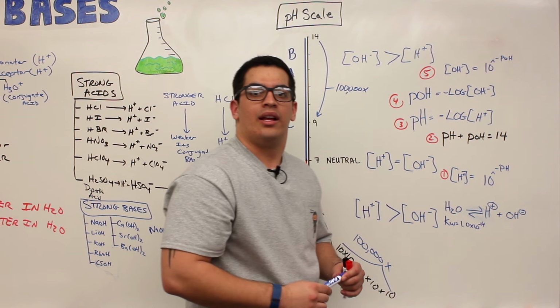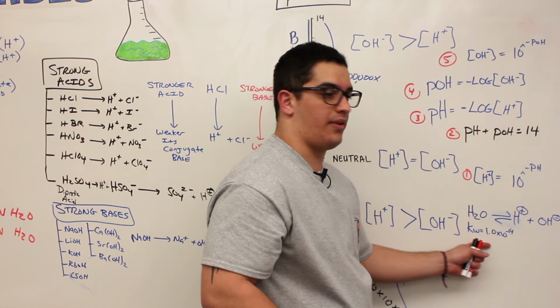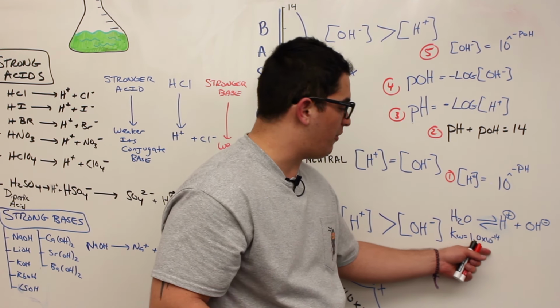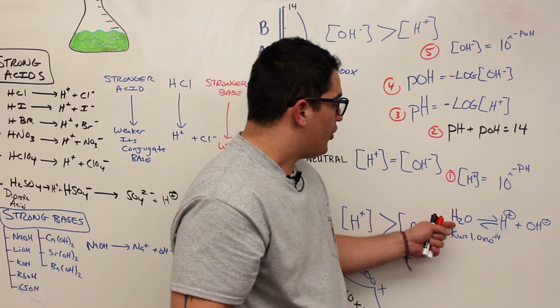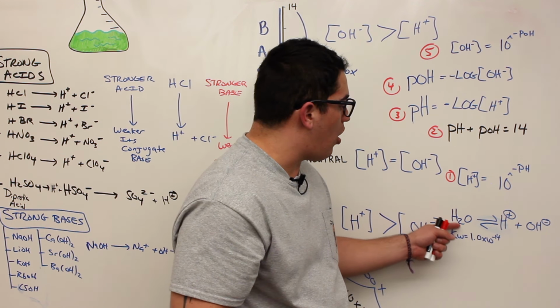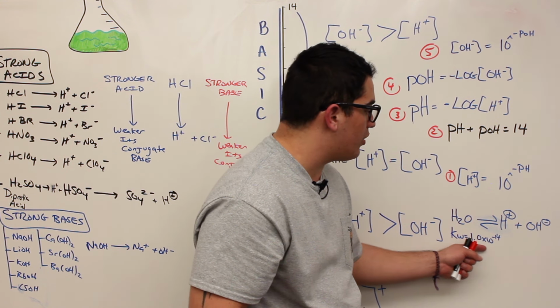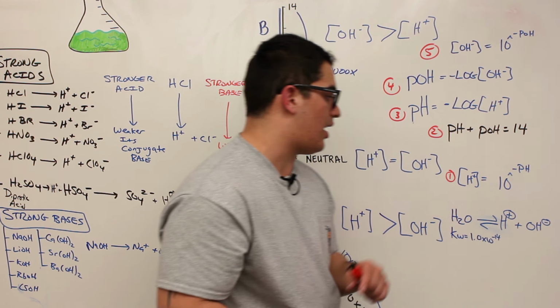That takes a long time, so it's a very, very small number. So with the autoionization of water, you have a specific rate at which this reaction occurs to produce H plus and hydroxide ions.